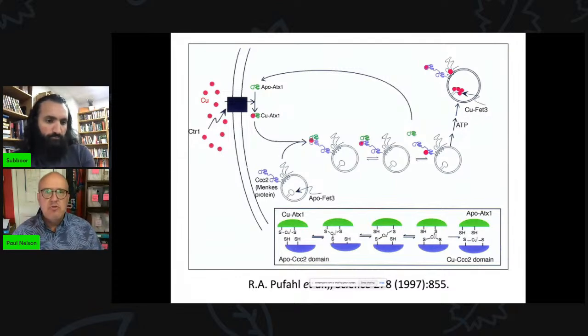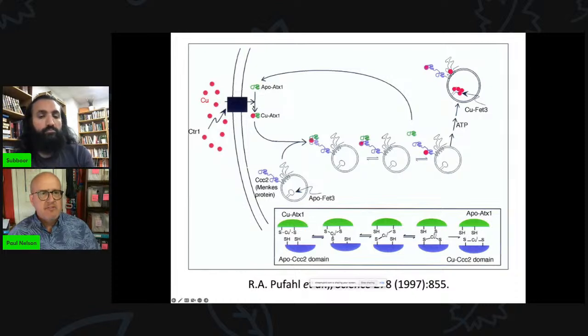And this cartoon shows the features that cell biologists knew had to be there. Here the red dots are the copper ions. Here's a portal through the cell membrane. I won't go into all the details. I'm going to send the references, of course, so you can look them up if you want. But once the copper gets within the cytoplasm, it's not free to create mischief.